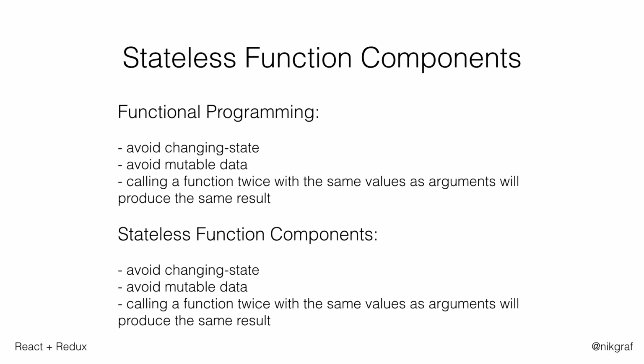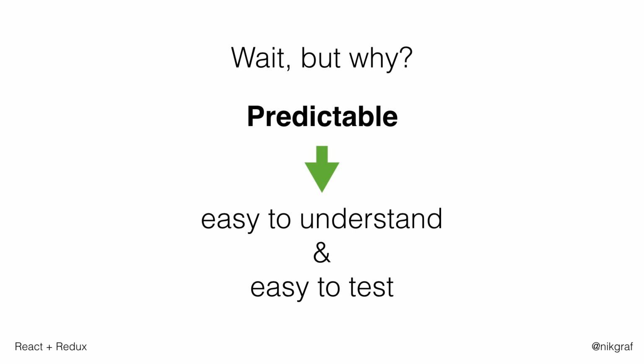And a really important thing is that whenever you call a function twice with the same arguments, it will return the same results every time you call it, and that is really important. And if you look at the traits from functional programming and at stateless function components, they actually have the same traits. So when we rely on stateless function components, we get all the benefits of functional programming. But why do we need that?